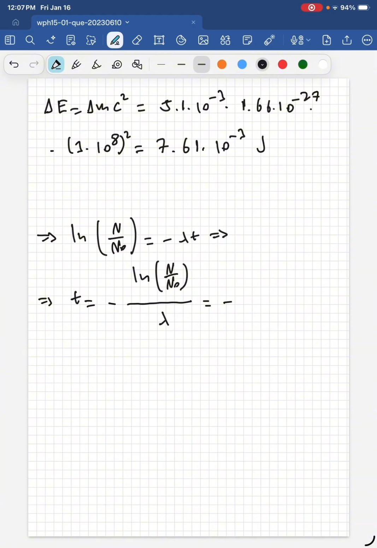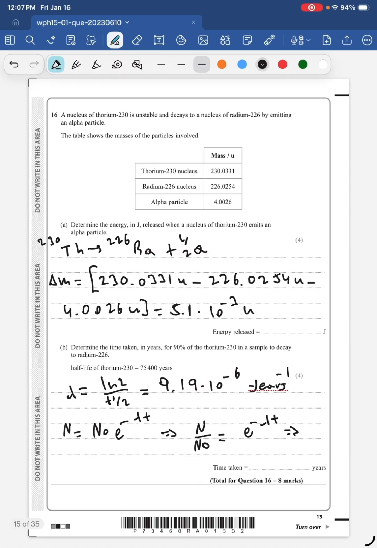Okay, so minus the ln of N over N naught is simply 0.1, because this is how many nuclei are left, which is 10%, because 90% is gone, so 10% is left, right? Over lambda that we just calculated.